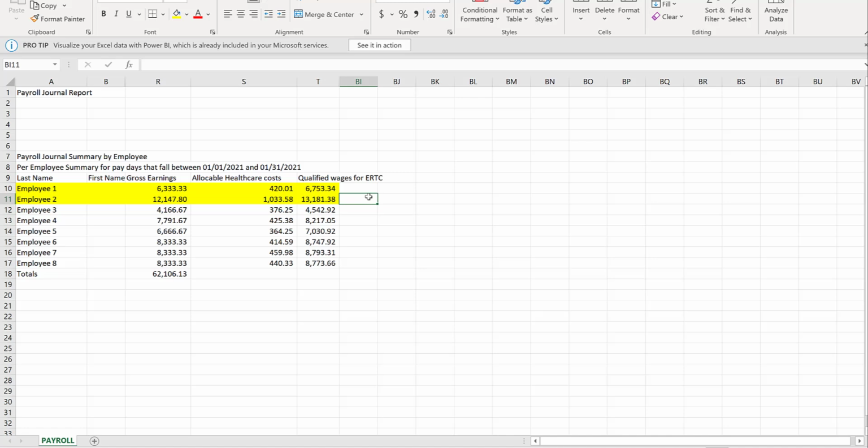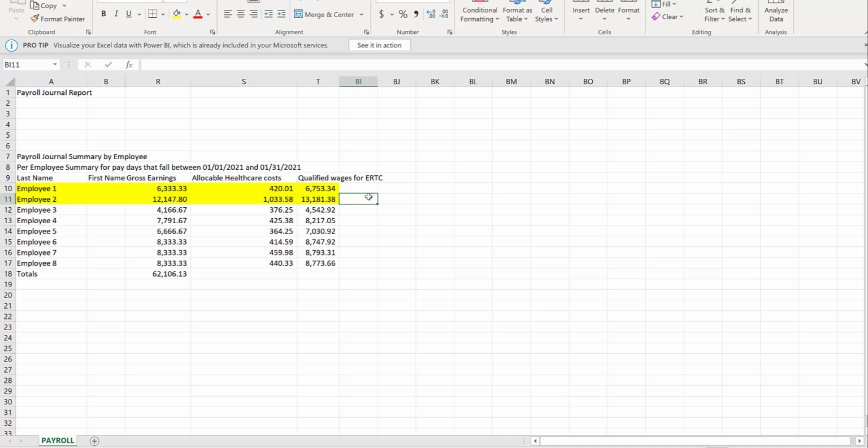Now, there's been a big debacle and lots of CPAs are trying to discuss right now whether or not the owners of C Corps and S Corps can be included for the purposes of qualified wages under ERTC. But the IRS has specifically said that relatives of the owners cannot be included for the purposes of ERTC.